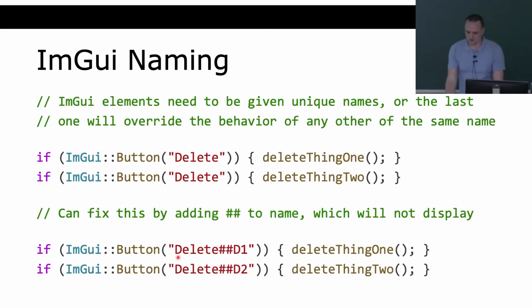So even though it's called delete pound pound D1, this pound pound D1 will not show up within ImGui itself, but it will give it a unique name for its internal representation. And so then button 1 will delete thing 1 and button 2 will delete thing 2. So just keep in mind that if you see, hey, why when I click the first one is the last thing being deleted, it's probably because you haven't given them unique names like this.